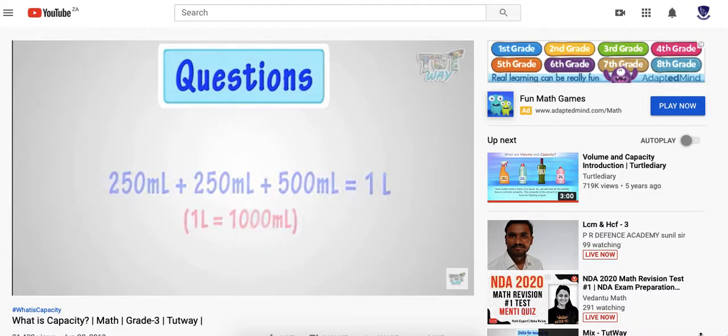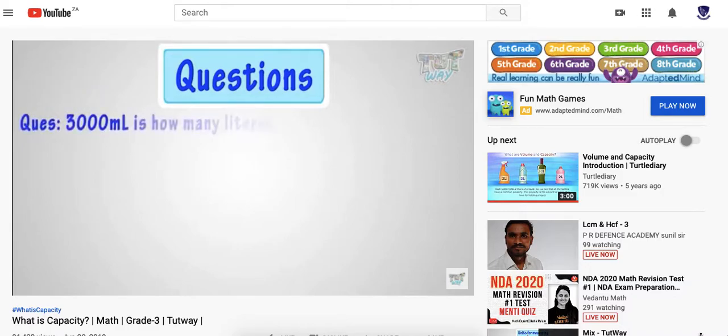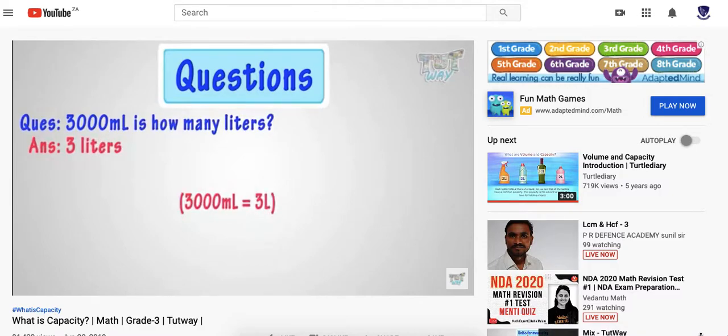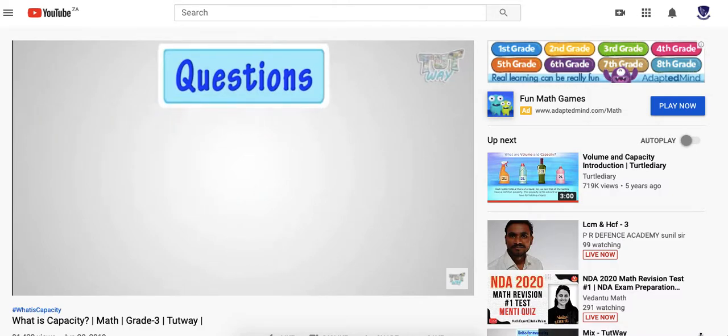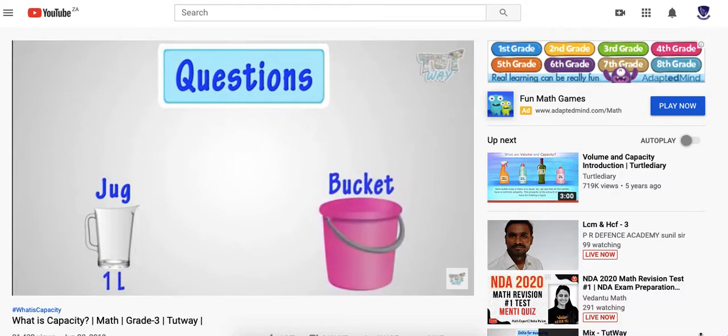Now, 3,000 milliliters is how many liters? It is 3 liters. Good. Here we have a jug whose capacity is 1 liter. And we also have a bucket whose capacity is 4 liters.